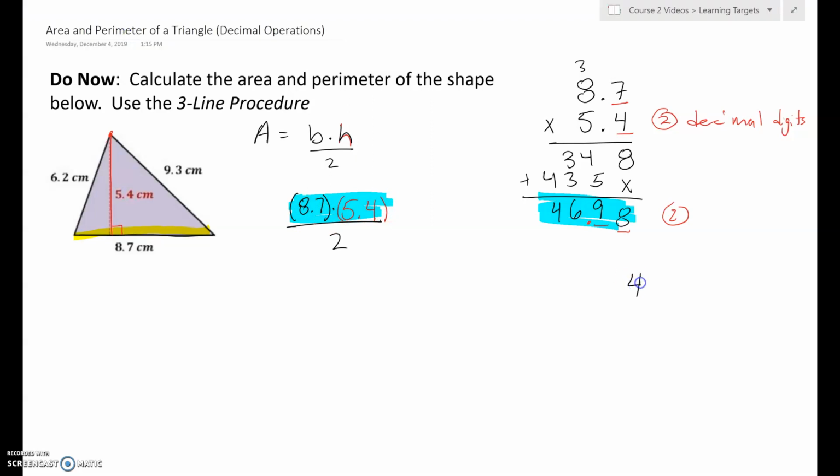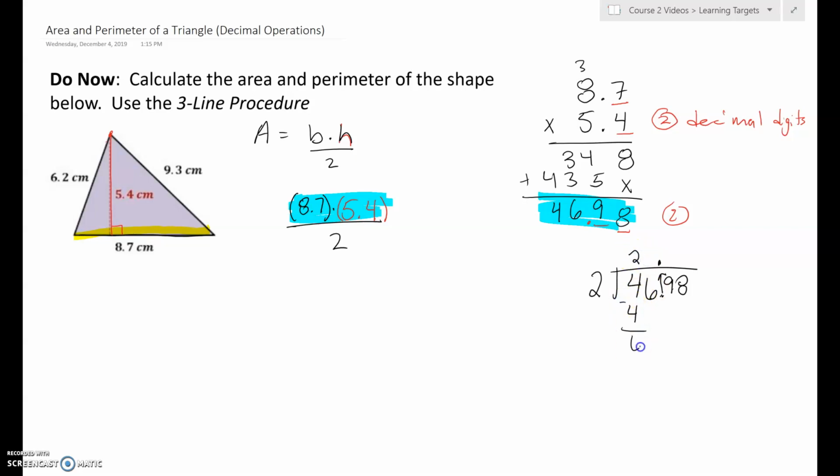So let's take 46 and 98 hundredths and divide it by 2. Some teachers might want you to move the decimal out of the dividend. That's not necessary. You only really don't want it in the divisor. So I can leave it right there, bring it up into my answer, and divide like it wasn't even there. 2 goes into 4 twice.